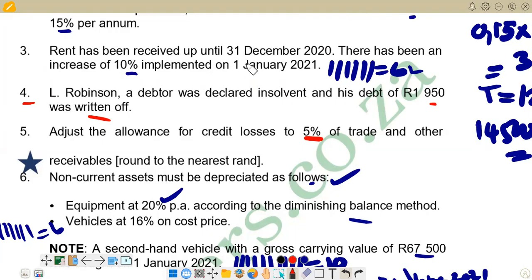So an accrual of income, we put it under the current assets, and in this sense, it's going to be under the trade and other receivables. When it's a prepayment of income, like a prepayment of rent, it was supposed to be under trade and other payables. It's now the opposite. So when you calculated, we found 19,800 there. So that's the figure that we are going to put for rent.